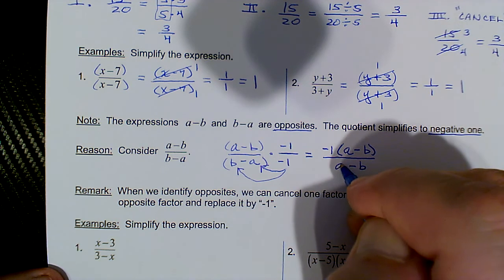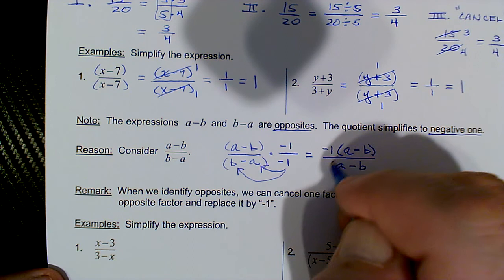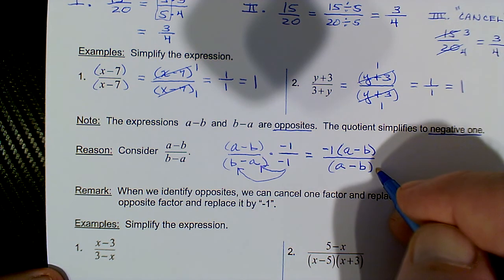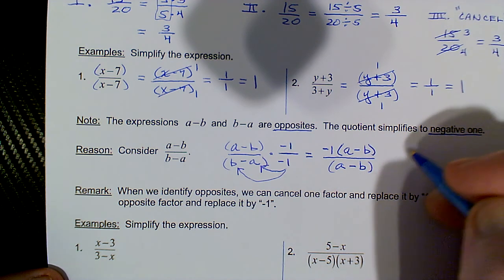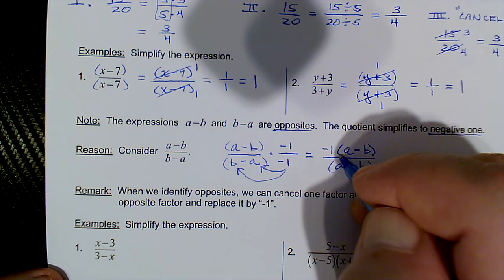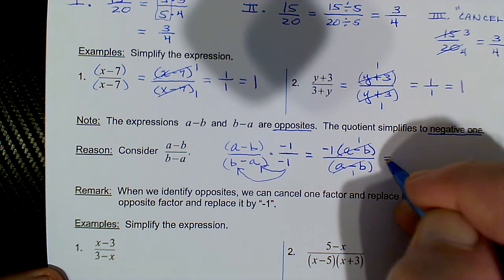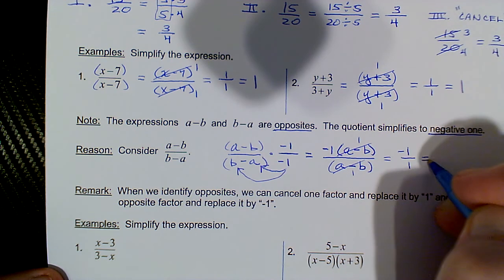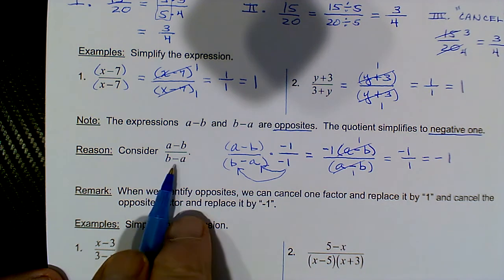And now the a minus b's in both numerator and denominator are common factors. So I could remove the common factors with 1, divide by the common factors, or think of it as canceling. And I think most people think of it as canceling. We replace those by 1s. We get -1 times 1 is -1 over 1, or -1. So we've shown that these reduce to -1.